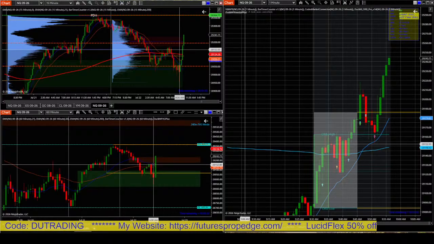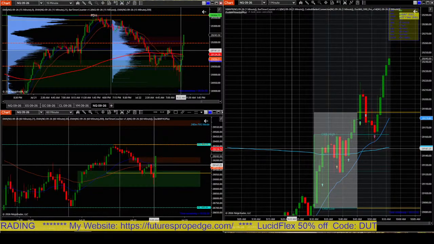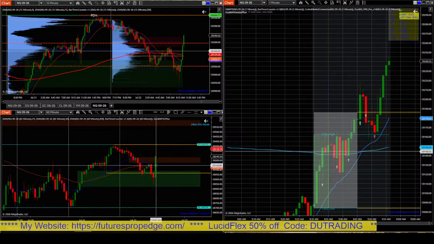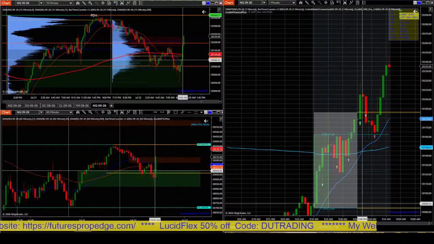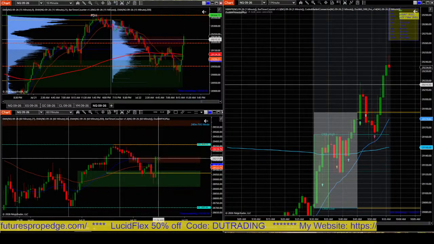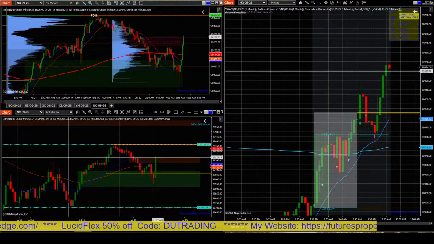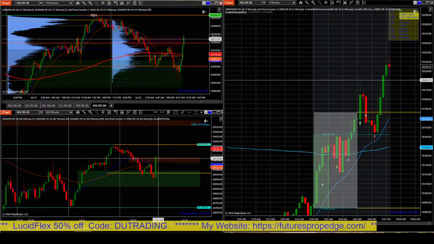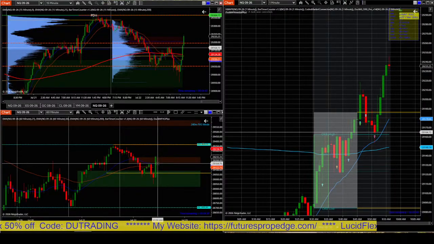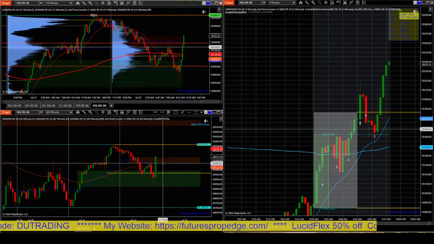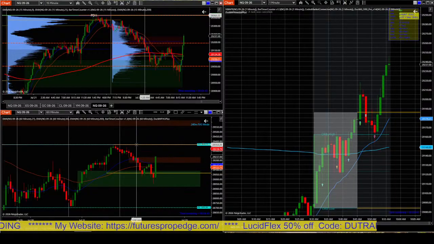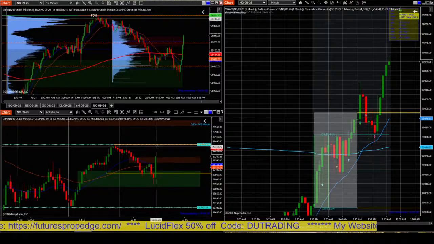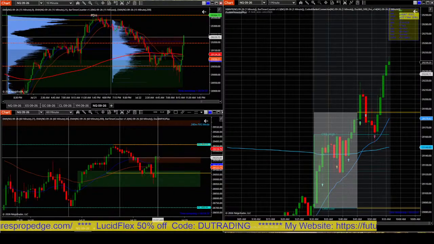Already looking very nice. What I'm afraid of, since this is a nice big body, is that on the next hour we might have an hour where price retraces to here again, and then maybe the following hour we get the push to test this location up there. We'll see if that happens, but that's what you should keep in mind.